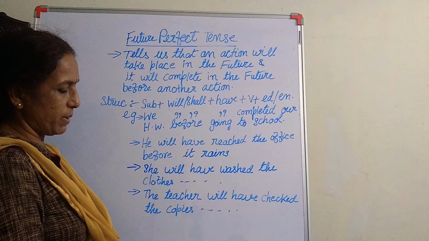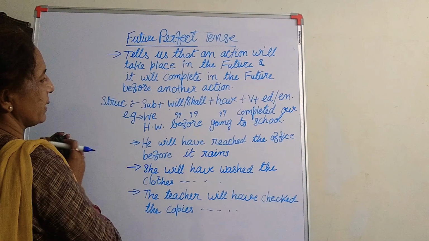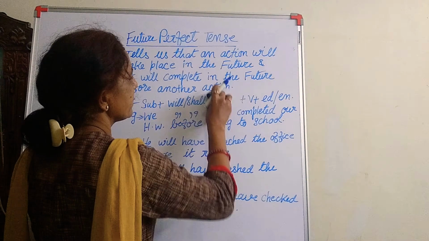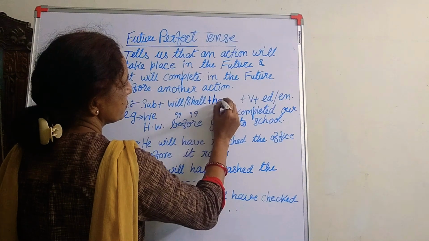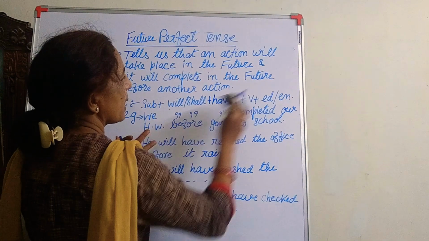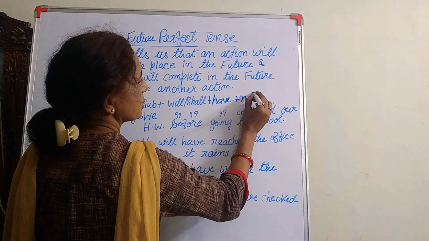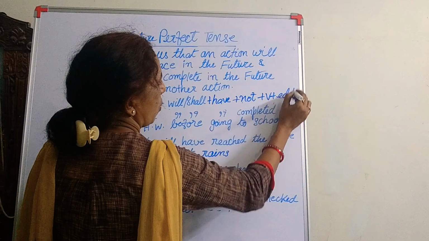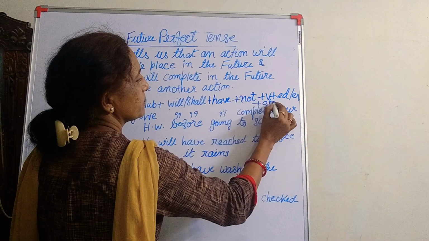This is for affirmative sentences. When we make it negative, then what will be here? Same thing, only after shall or will it will be not. We shall have not, have plus not plus verb plus ed or en, plus the object.